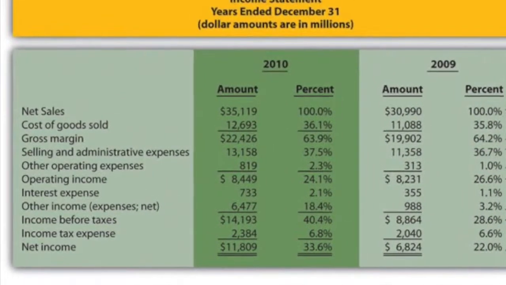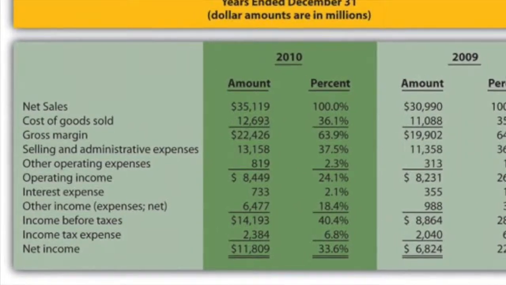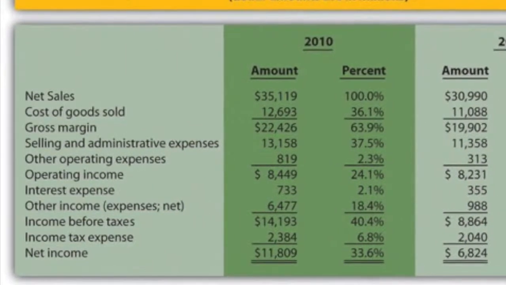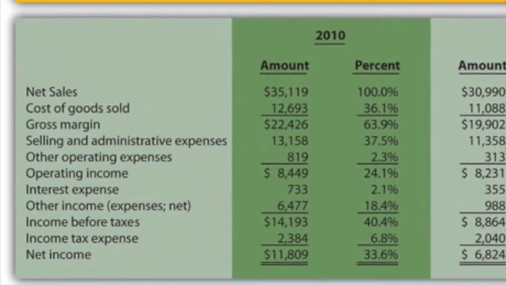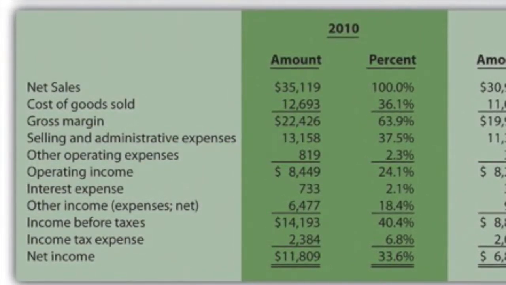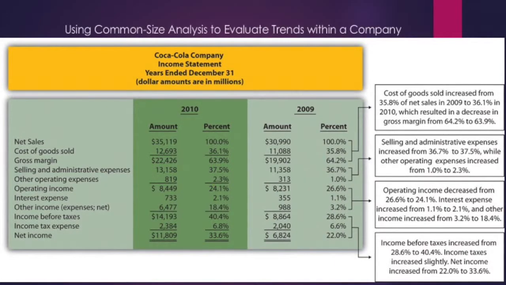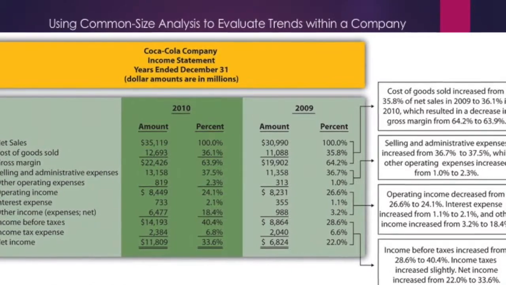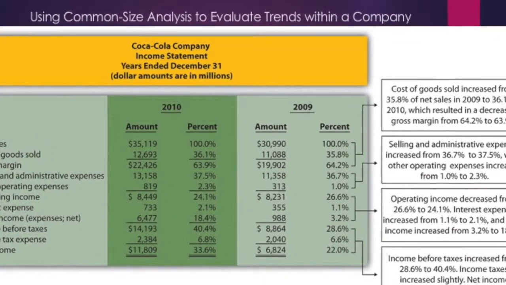In this case, the cost of goods sold represents 36.1%. I derived that number by 12,693 divided by 35,119. That yields 36.1%. I will continue to do this process for every item on the income statement.